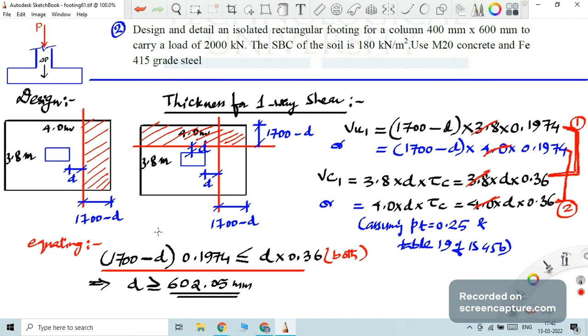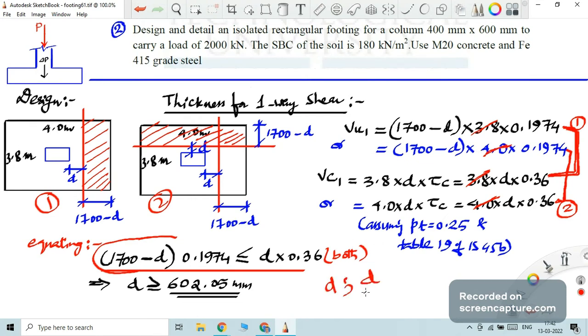Otherwise, when you equate case 1 and case 2 equations, you are not going to get a single expression. Then separately equate and find out D.